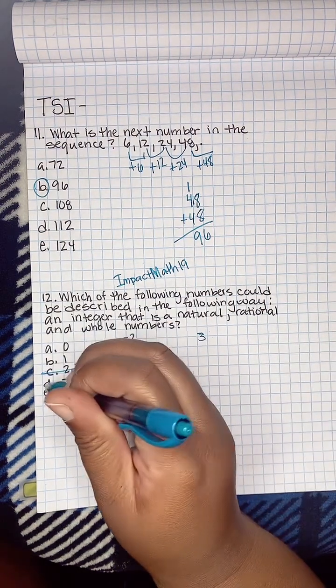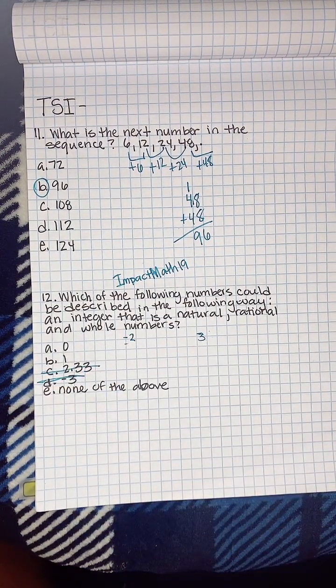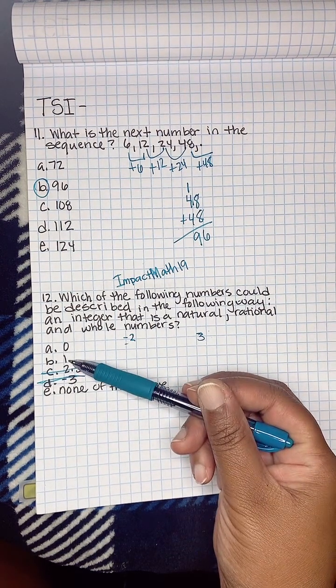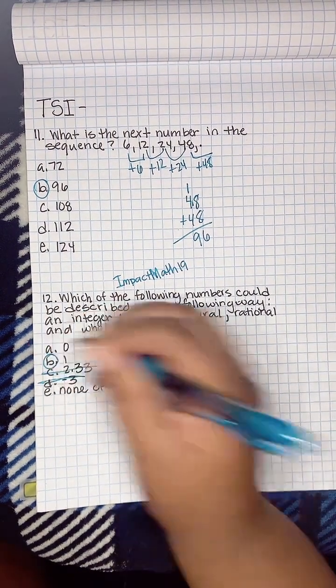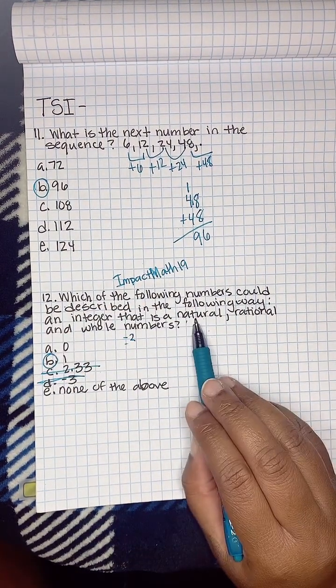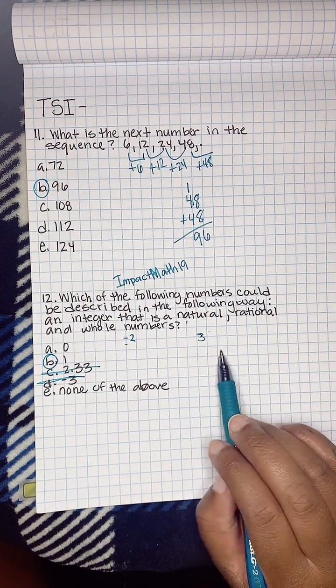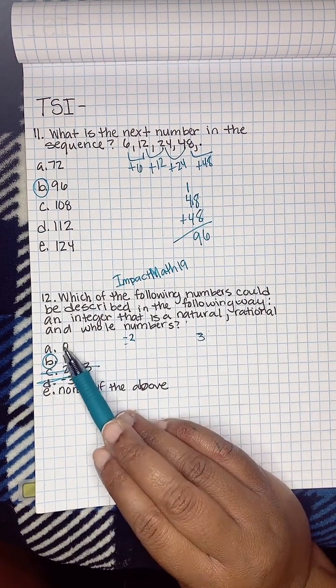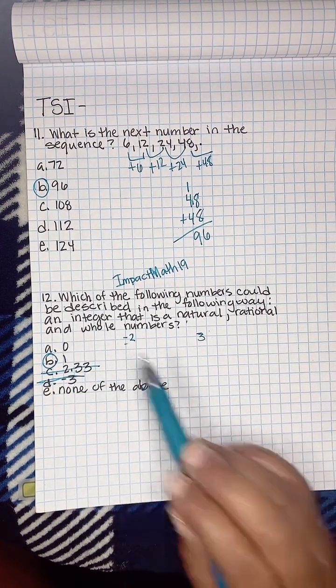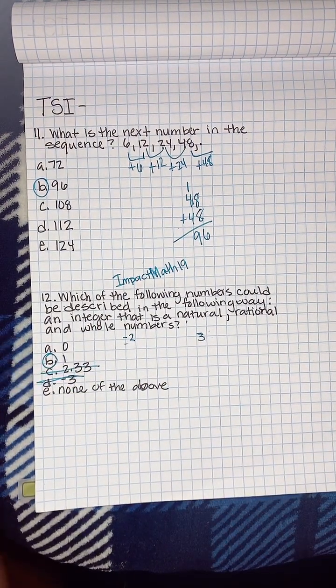Whole numbers are not negative, so that's why that's out. So now you have a 50-50 chance. But since it's a natural number, B has to be it, because the natural numbers are 1, 2, 3, 4, 5, 6, 7, 8, 9, 10. And then the integer allows it to be 0, but since it's a natural, 0 won't work. So it is B.